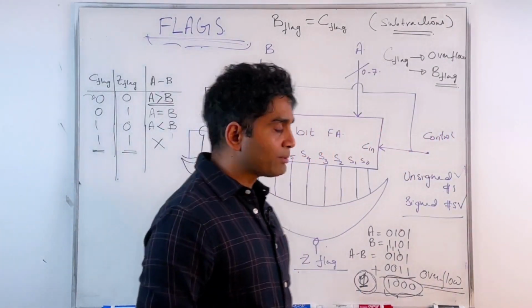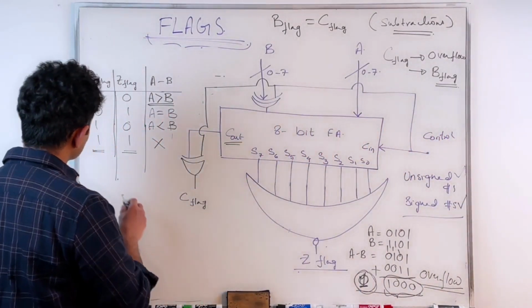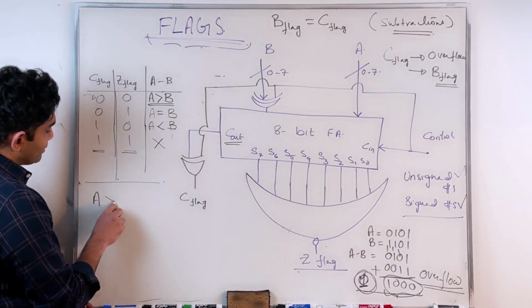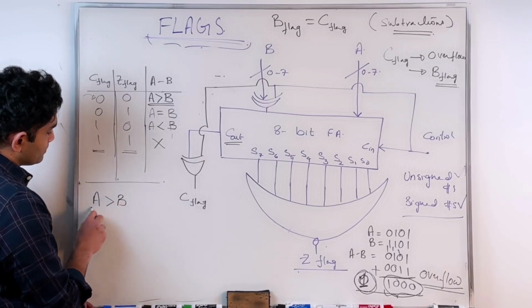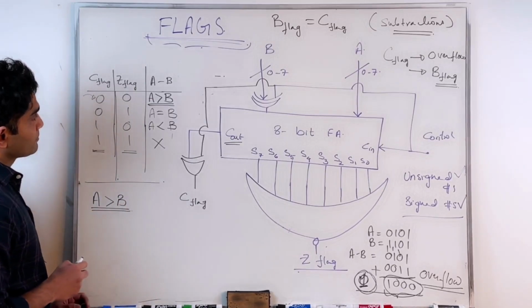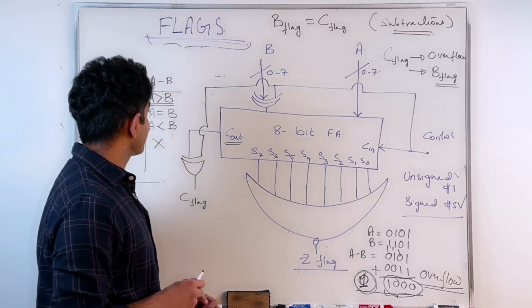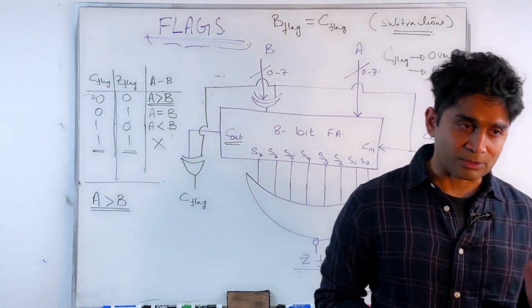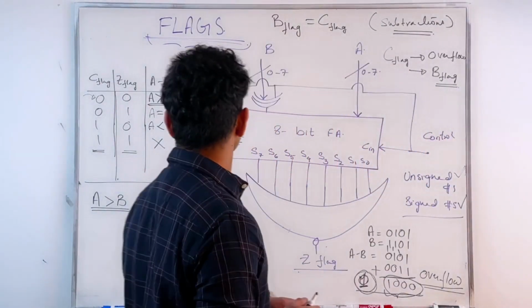All right, so with this table, what I want to do is check for this condition, A strictly larger than B. That means if I want to check for A strictly larger than B, I need to make sure that my Z flag is not 1, right?